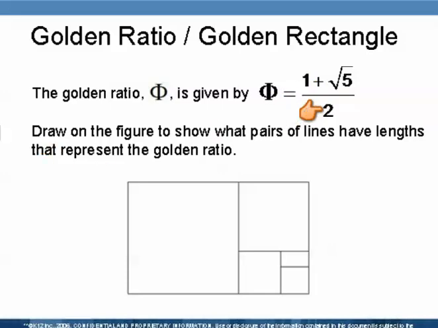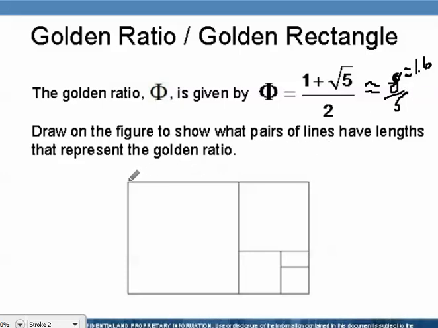Essentially, that works out to approximately 8 divided by 5, or 1.6. So here's what happens.